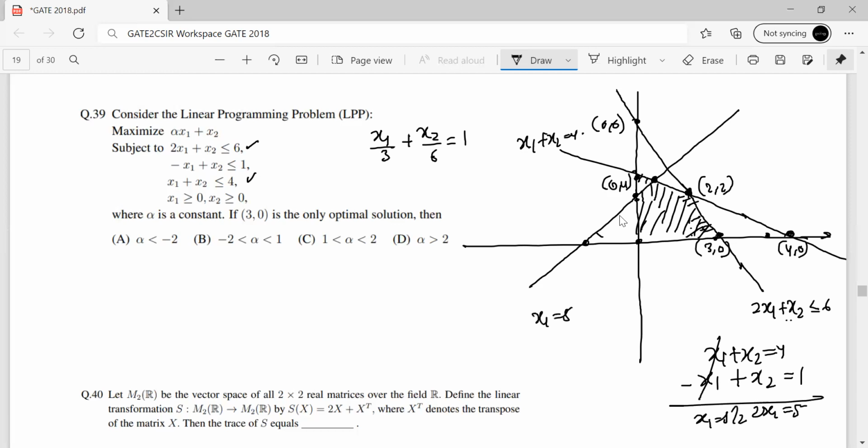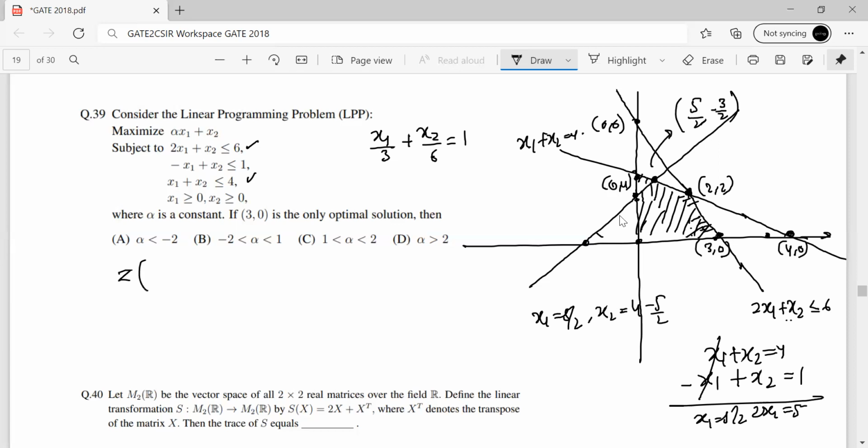So x1 is 5 by 2. So x2 will be 4 minus 5 by 2, so 4 into 2 is 8, minus 5, that is 3 by 2. So this point will be 5 by 2 comma 3 by 2. And then what I have here is 0 comma 4. Okay, we found all.